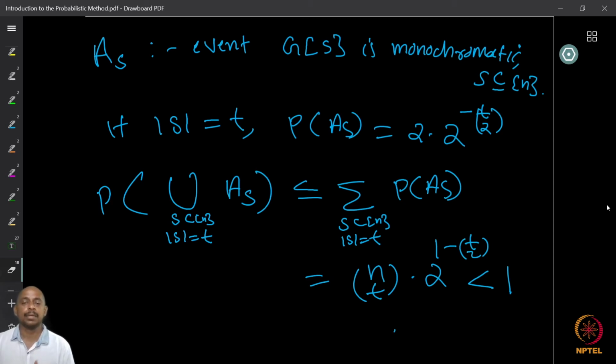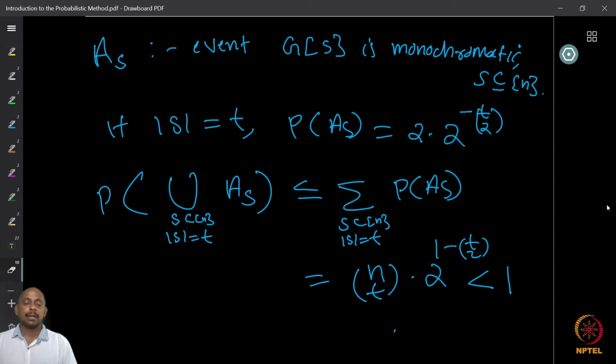It is 1 by 2 raised to t choose 2 that all the edges are red. But to say monochromatic, I can be happy with either all red or all blue, right? So that is 2 times this number. Therefore 2 times 2 raised to minus t choose 2 gives you the probability of AS.